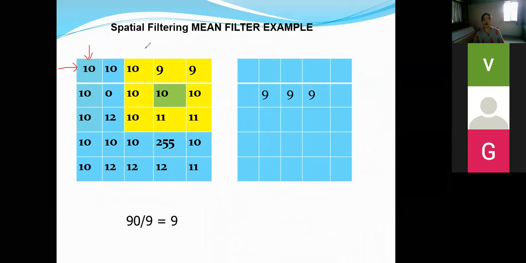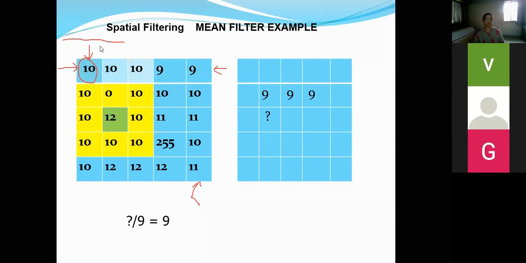We are also not considering pixels from the last row and last column. And why are we not considering these pixels? Because for the very first pixel, if we consider a 3 by 3 neighborhood, we need to know the values of these pixels, right? We need to know these 9 values.